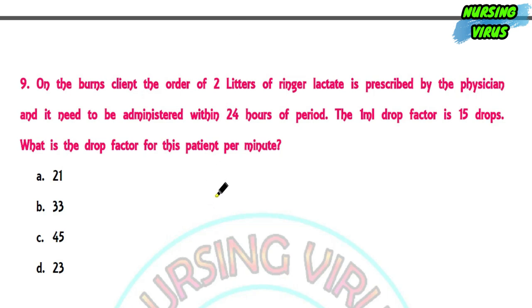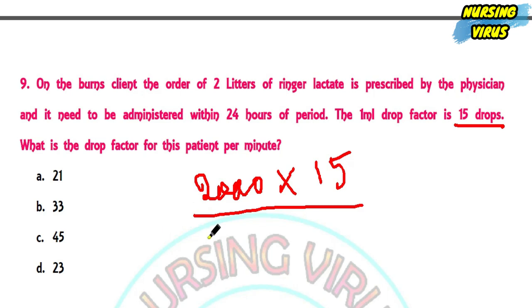So we know the fluid calculation formula: total amount of fluid, that is 2000 ml, into the drop factor, that is 15, and it should be divided by the total time duration, that is 24 hours, converted into minutes, so it is 24 into 60.